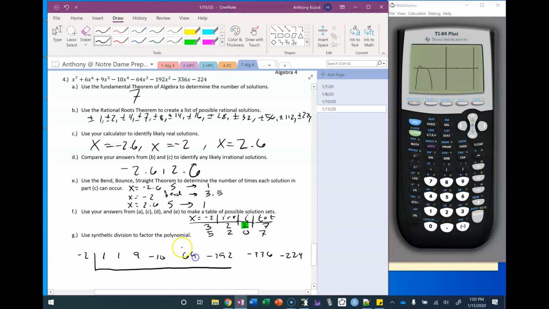Okay. And then let's do the synthetic division. It's a 64, right? The second number is supposed to be 6. Thank you.